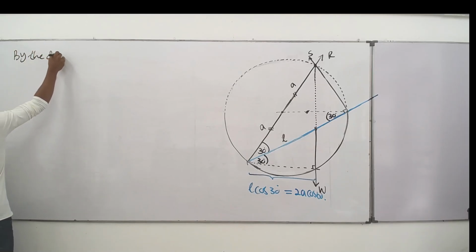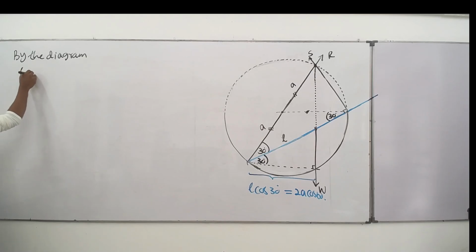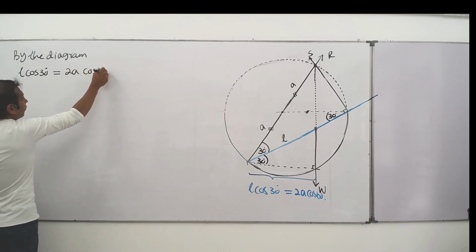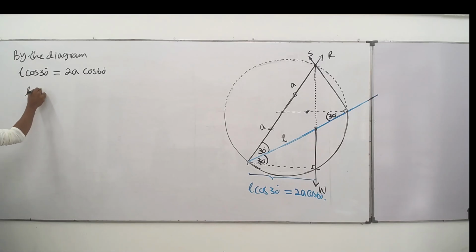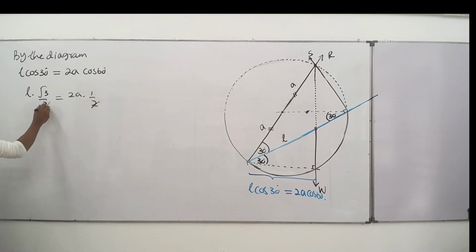By the diagram you can write L cos 30 is equal to 2A cos 60. L cos 30 is root 3 by 2. 2A cos 60 is half. This and this you can cancel down. Put this L here, root 3 there.